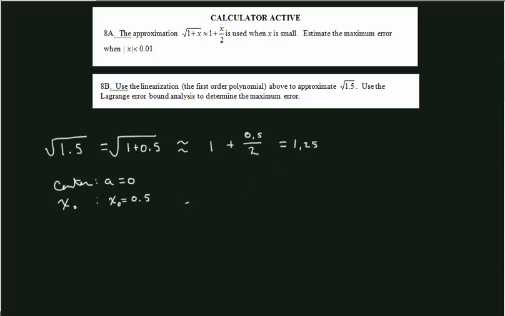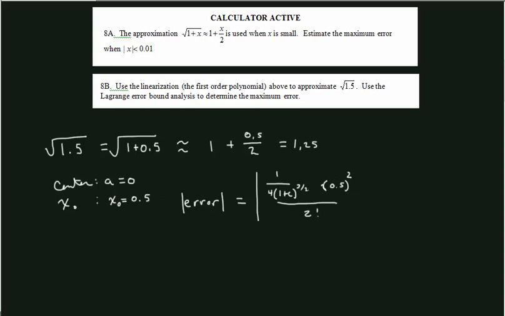Now let's take a look at the error. The error in magnitude is equal to, if you recall, we took the second derivative at c, so that's 1 over 4, (1 plus c) to the 3 halves, x, but here we have an x, our x is 0.5 squared over 2 factorial.